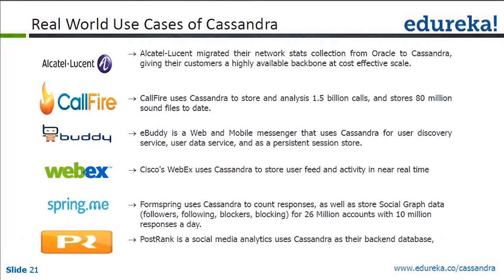These are some of the use cases for Cassandra. Some of the companies are making use of this columnar database to store their data. You can see some of their use cases here. They have migrated from RDBMS to Cassandra, for example analysis of 1.5 billion calls and storing 80 million records.